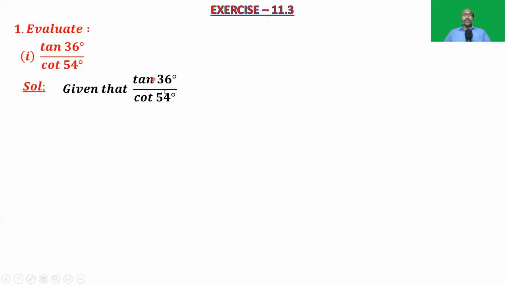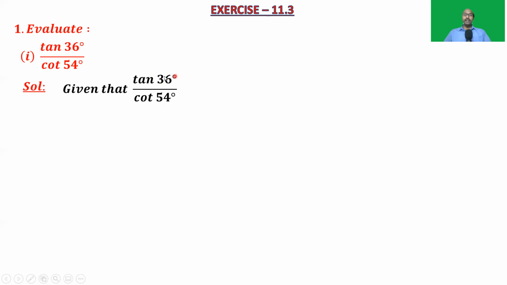In either of these two angles, write one angle as the difference of 90 degrees. That is, we have to write either 36 degrees is equal to 90 degrees minus 54 degrees, or 54 degrees is equal to 90 degrees minus 36 degrees. We have to change any one value into the difference of 90 degrees.